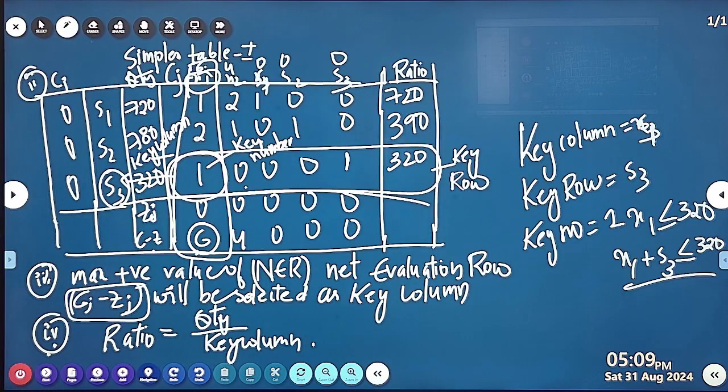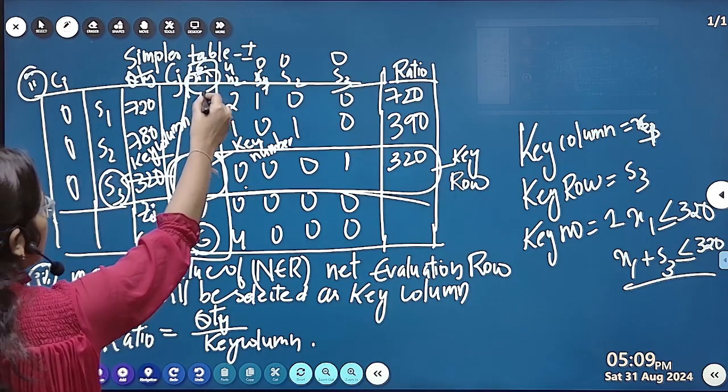What does this mean? What is the meaning of this? Tell me. Which is the key column here? X1. And the row? S3. So what is the key column variable? X1, right?